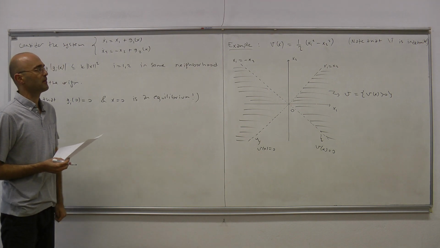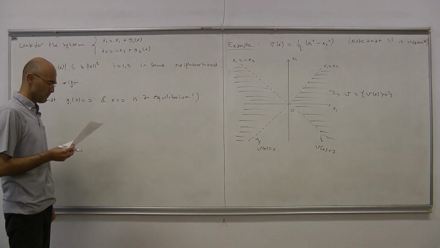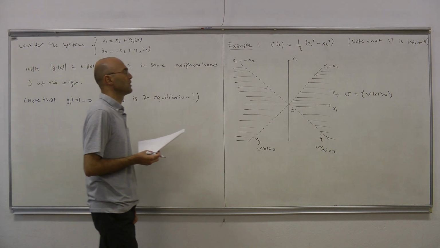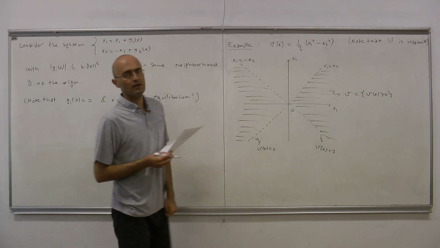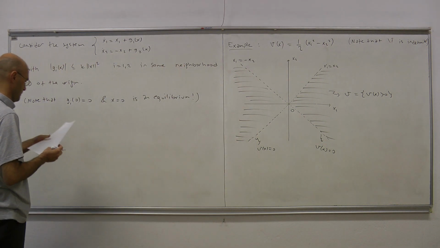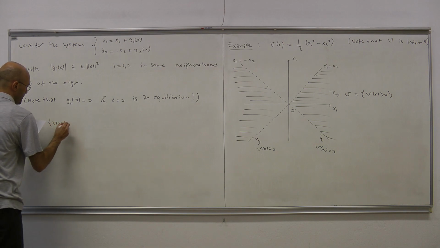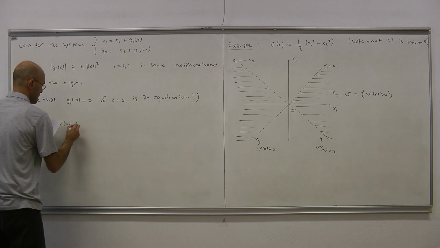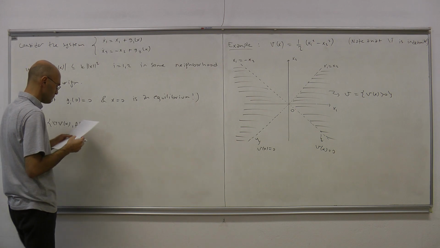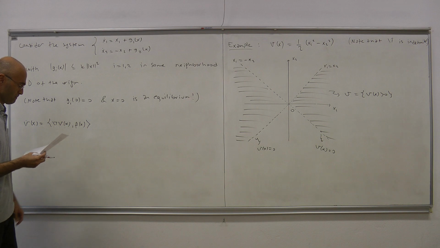Now let's show that this equilibrium, the origin, is unstable through Chetaev's instability theorem, employing that function given V of x. For that, we compute the time derivative of V. V dot of x equals the gradient, inner product with the right hand side.